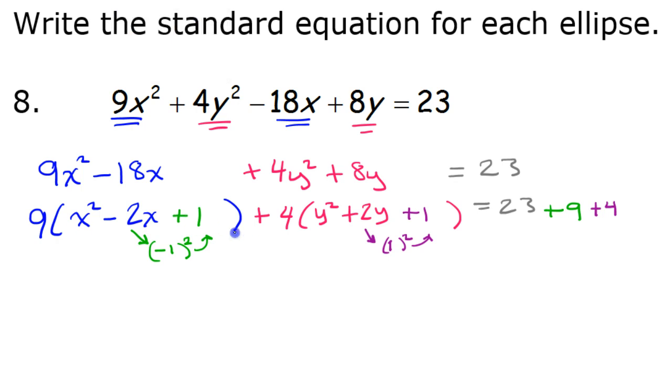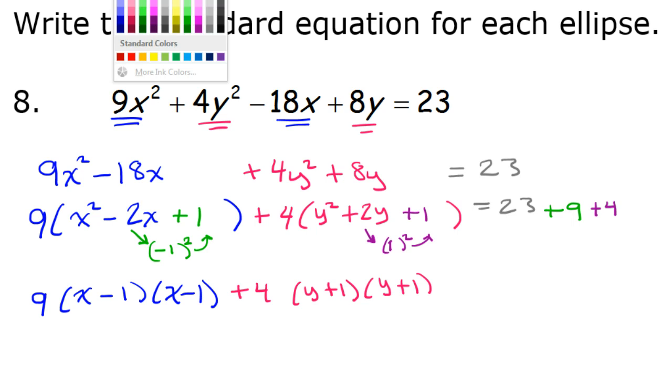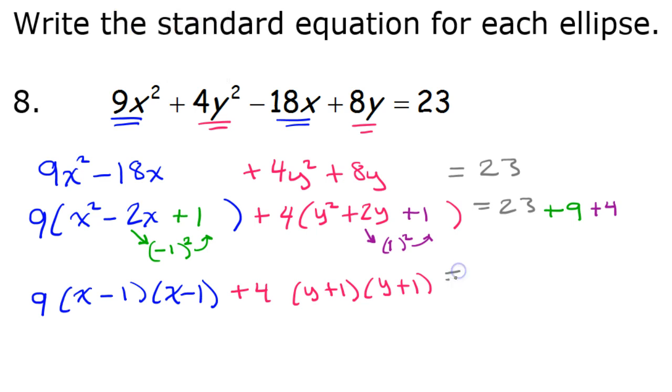If I were to factor this trinomial, I would have 9 times, and this would factor as x minus 1 times x minus 1. Now over here, I'd have 4 times, and this would factor as y plus 1 times y plus 1. Equals, let's see, 36.